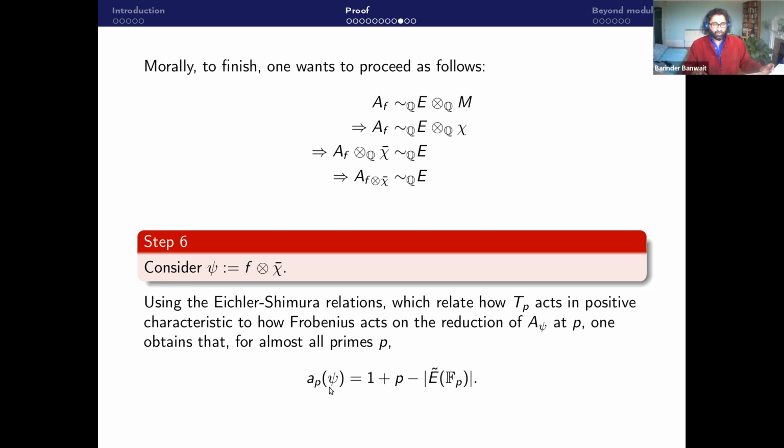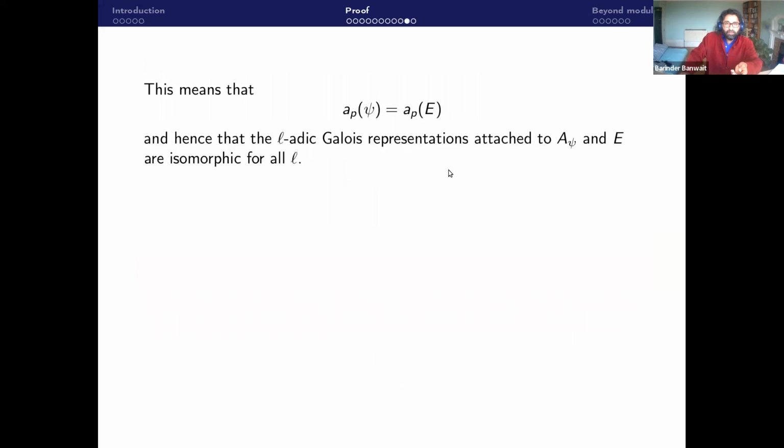Provided p does not divide N here, one gets this equality between this expression for the p-th Fourier coefficient of psi. But this on the right hand side is just the a_p value of E, so this is what's sometimes called a_p.